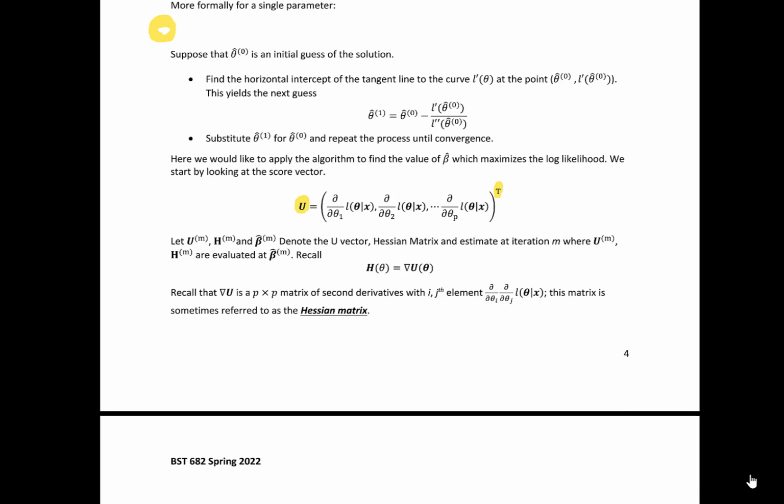Just to remember, the Hessian matrix is the derivative of U. So the Hessian matrix is going to be a p by p matrix of all of those possible second derivatives. This is different than the matrix W, because remember W is a diagonal matrix that has those second derivatives on it. The Hessian matrix is the full matrix of the derivatives.